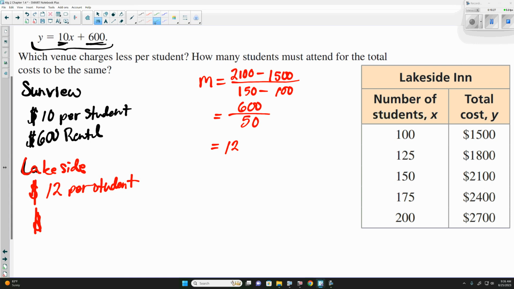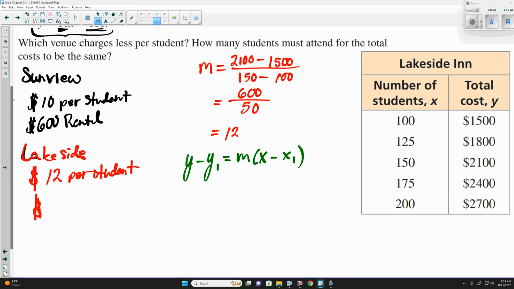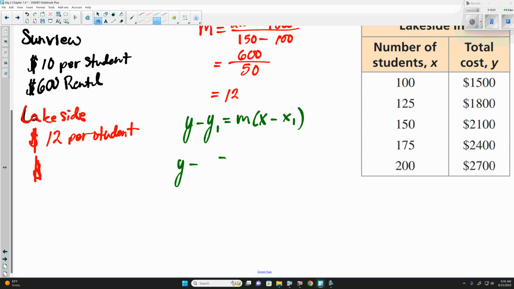Now we do need to find the y-intercept for this here, and it'd also be nice to have the equation. So we're going to get the equation and the y-intercept in kind of one go. Now this is the first time we're using this formula here, y minus y1 equals m times x minus x1. Now out of everything here, the only thing that's going to stay the same is our y and x, because the y and x without the subnote, the 1, is actually our input-output, our independent and dependent variables.